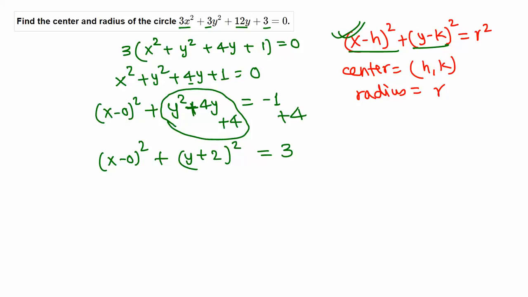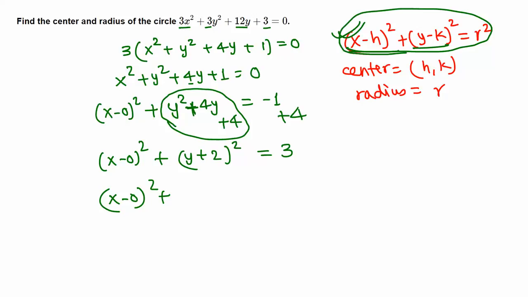Maybe one more line. Let's do the following: x minus 0 squared, just to match. Look at this on the right top. To match, x minus 0 squared plus y plus 2, which is the same as y minus negative 2, since minus and negative make positive.